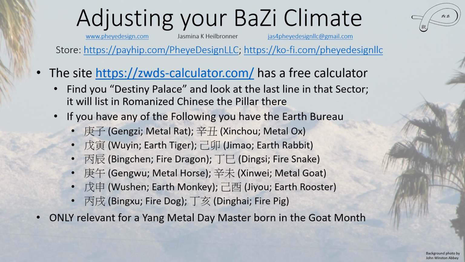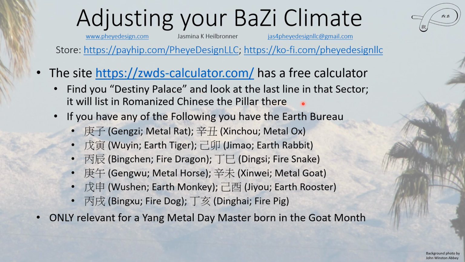Now, this will help you to find out whether or not what you have is any kind of a bureau in your Ziwei Doshu chart. You find your Destiny Palace, which is pretty clear. If you go to this calculator, it's in English, you can find your Destiny Palace.